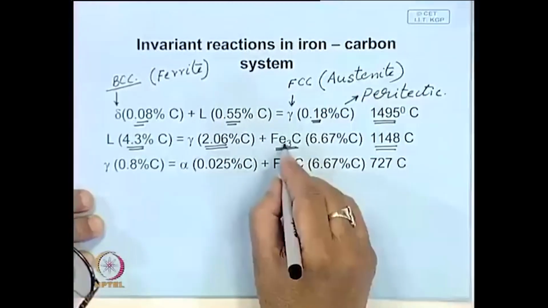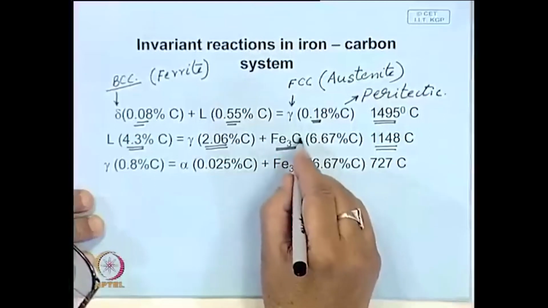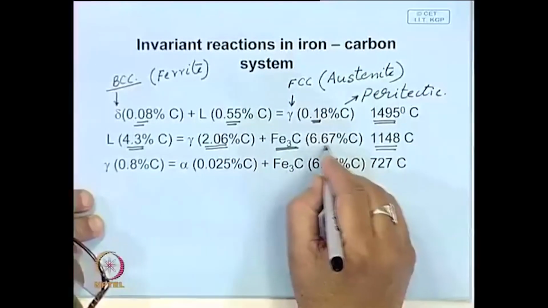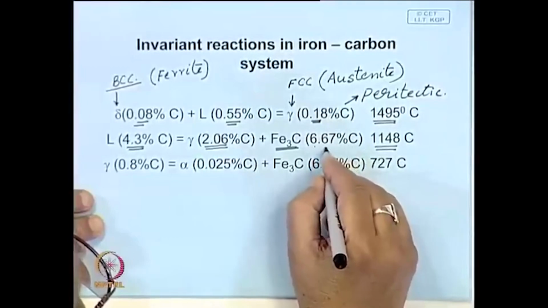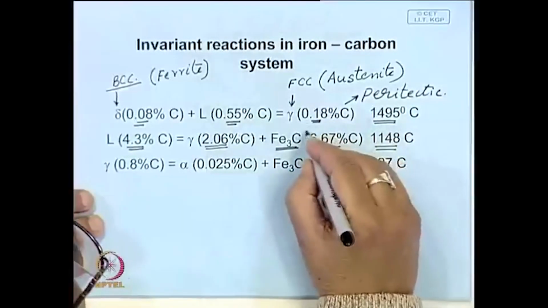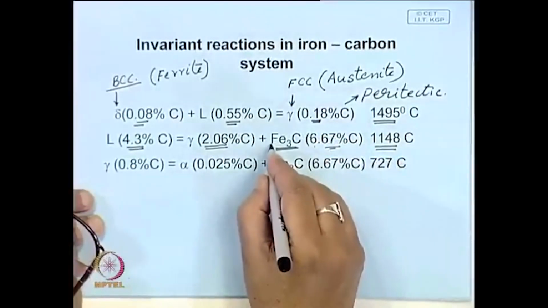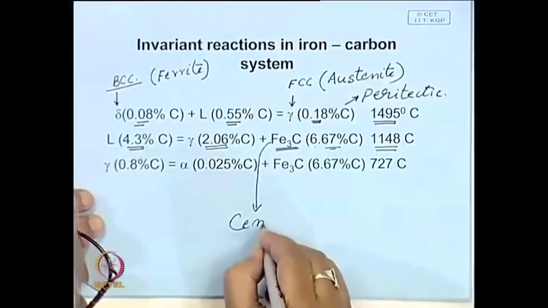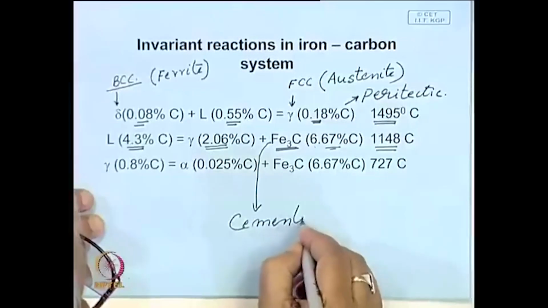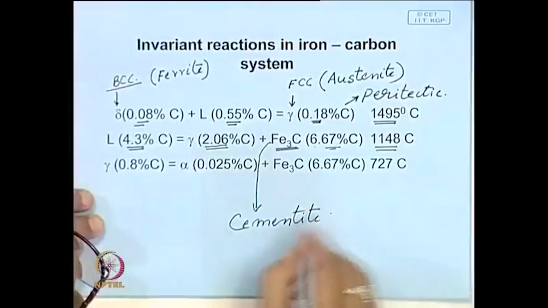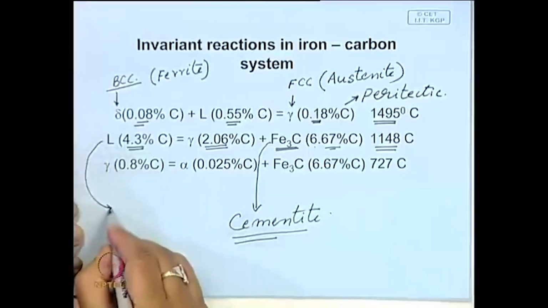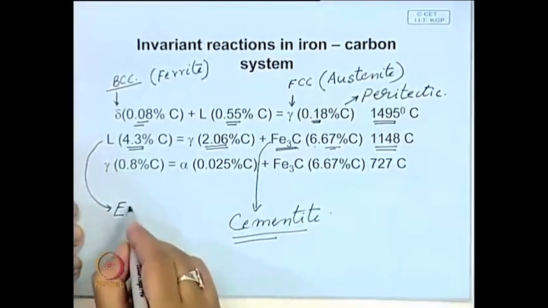So, 3 atoms of iron and 1 atom of carbon, Fe3C. This carbon content comes out to be 6.67% carbon, and this is called cementite, and this reaction is the eutectic reaction.